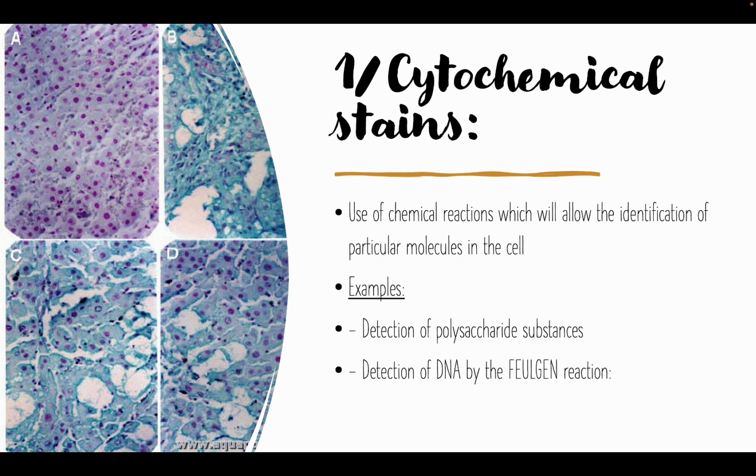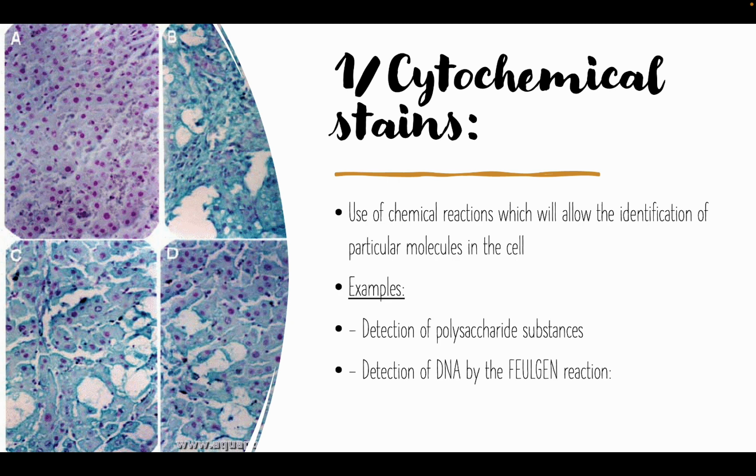So yes, there is the X substance. If there isn't a red color in the cell, there is no X substance in the cell. It's the same process for all the substances in the cell.